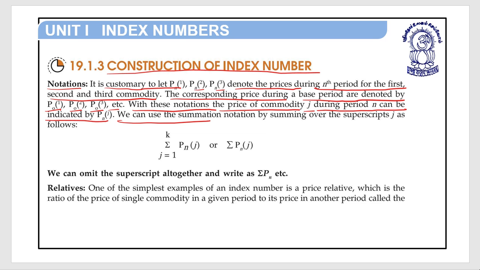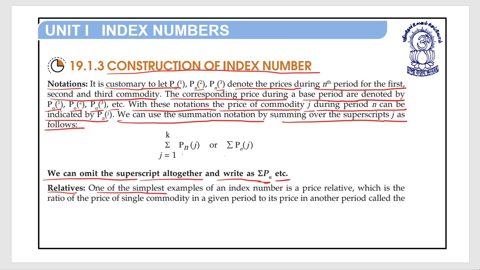We can use the summation notation by summing over the superscript j as follows: summation of j equals 1 to k of Pnj, or sigma of Pnj. We can omit the superscript altogether and write summation of Pn, etc.